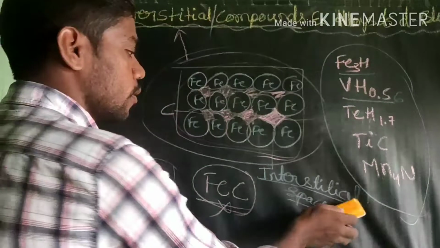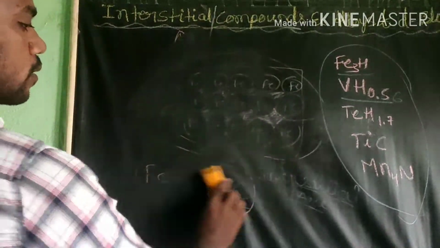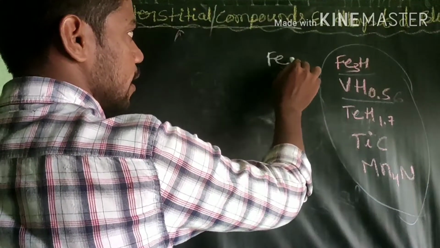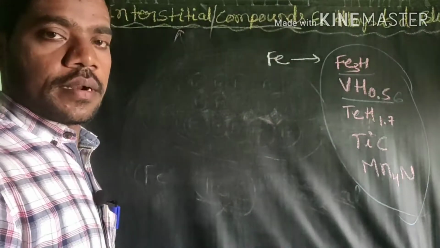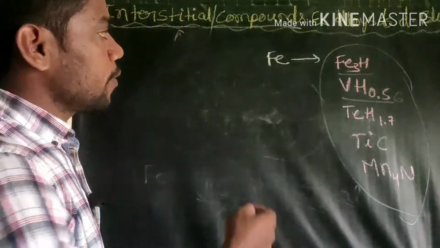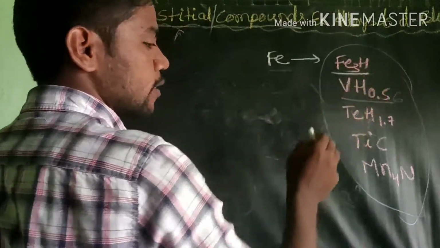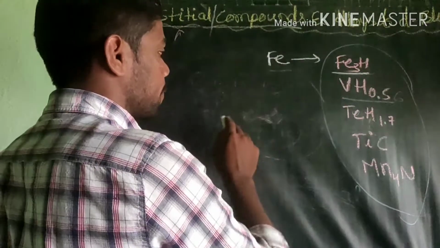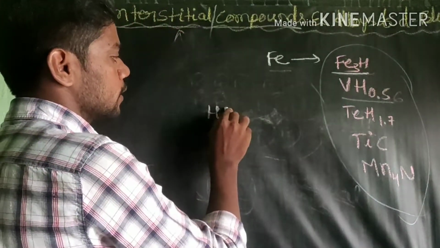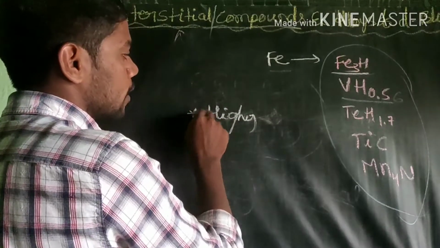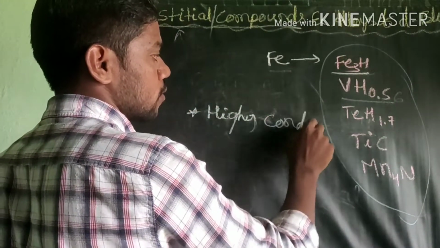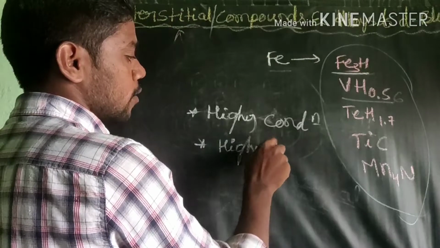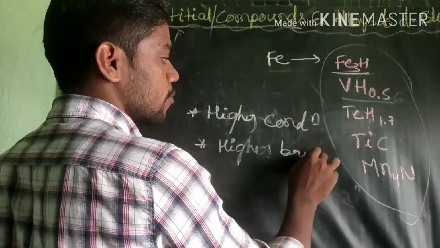For example, initially this iron is having more corrosion property. After adding hydrogen in the interstitial space, it is having less corrosion property. Like this corrosion property, and also higher conductions, next higher brightness also sometimes.